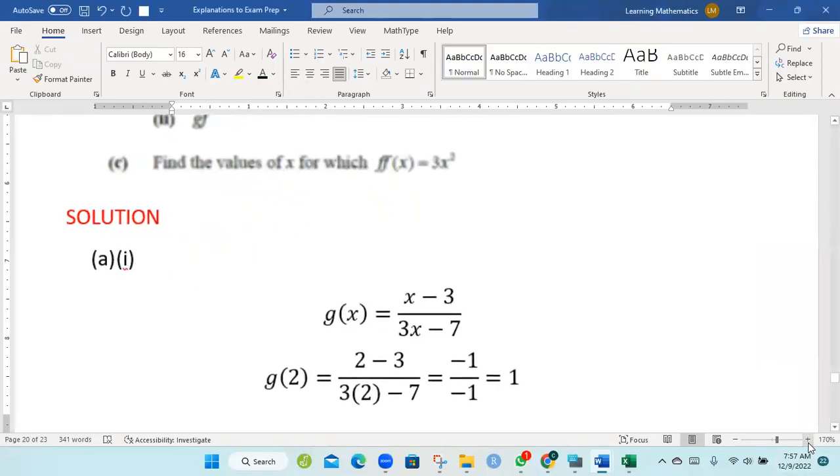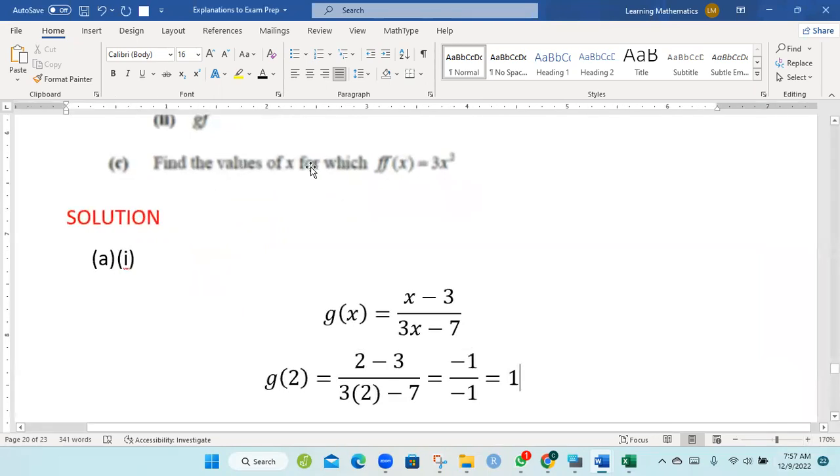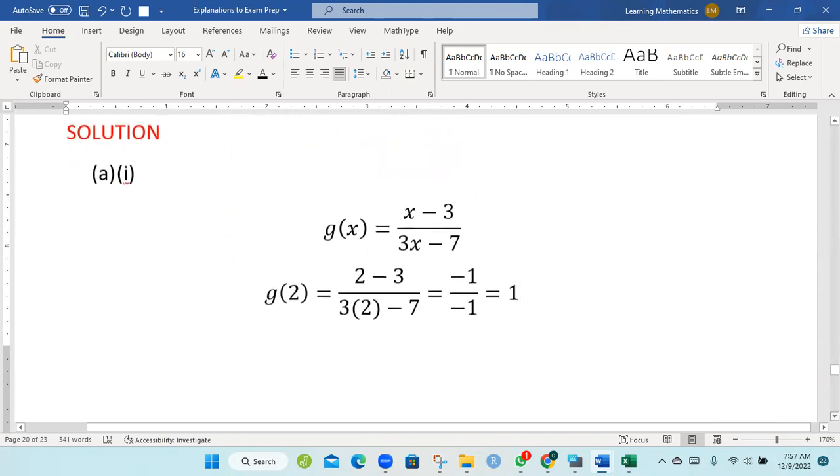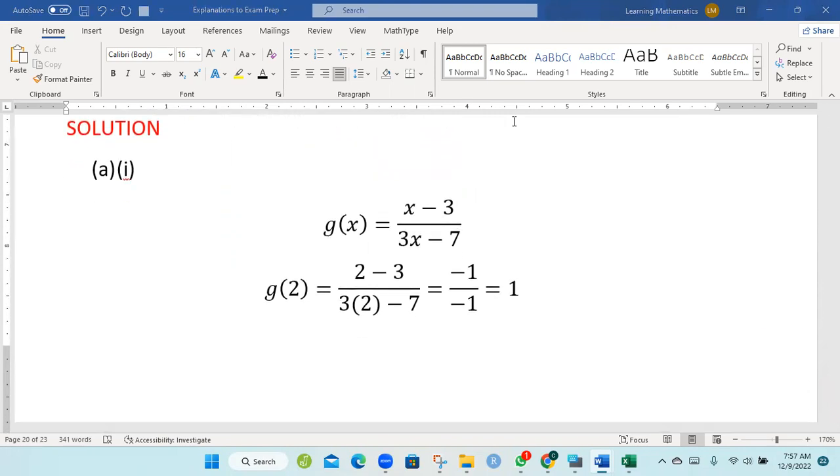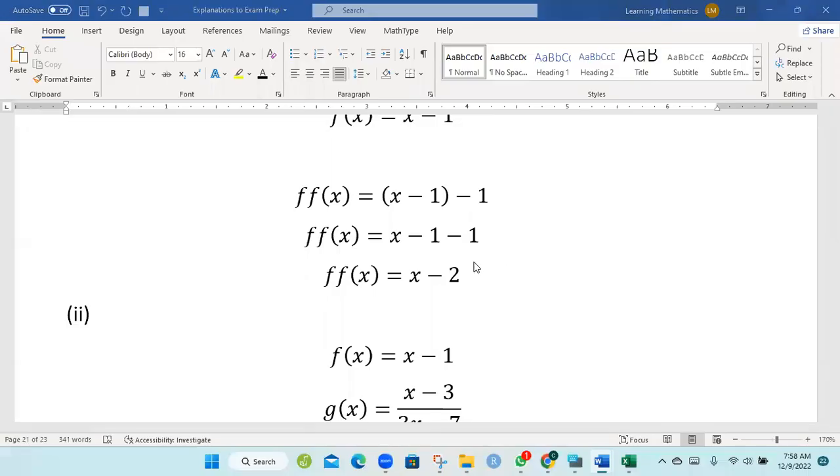Now part C says to find the values of x for which f of f is equal to 3x squared. Now we know what f of f is. f of f is equal to x minus 2.